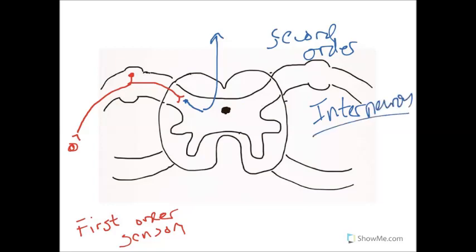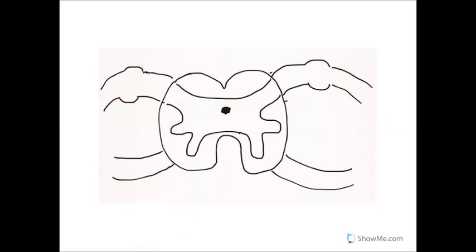The last neuron is what is referred to as the third order neuron, the one that will take the information from the thalamus to the appropriate part of the cerebrum in the postcentral gyrus. So let's clean this out and take a look at where these things are.